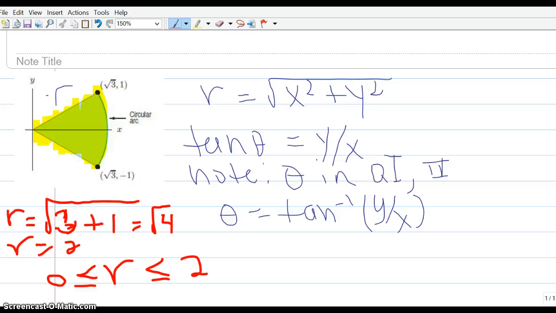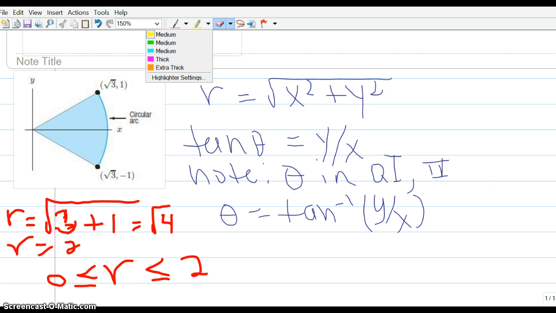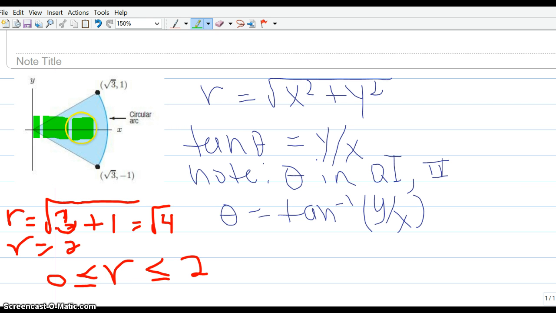Now we need to think about theta. So let's erase here again and try to visualize what's going on with theta. When I think about theta, I think about my rotation. So I'm anywhere on here, and I can rotate up to here, and I can rotate down to here. I'm trying to think about what's my maximum rotation right up here that gets me to radical 3, 1, and the minimum rotation that gets me down here to radical 3, negative 1.